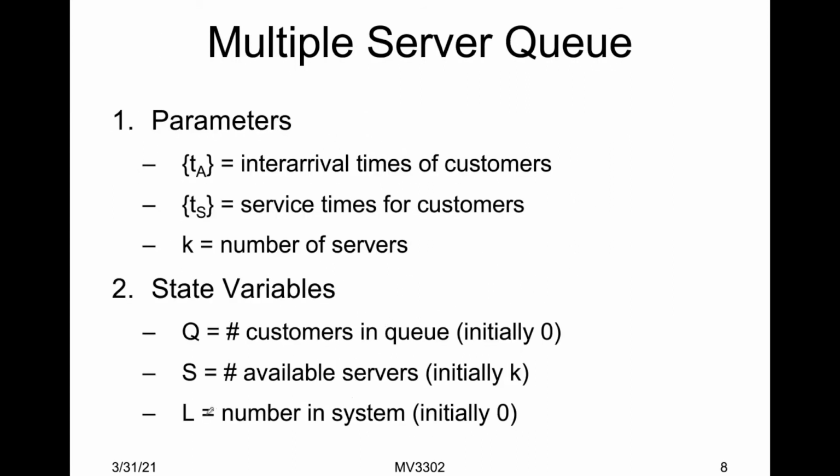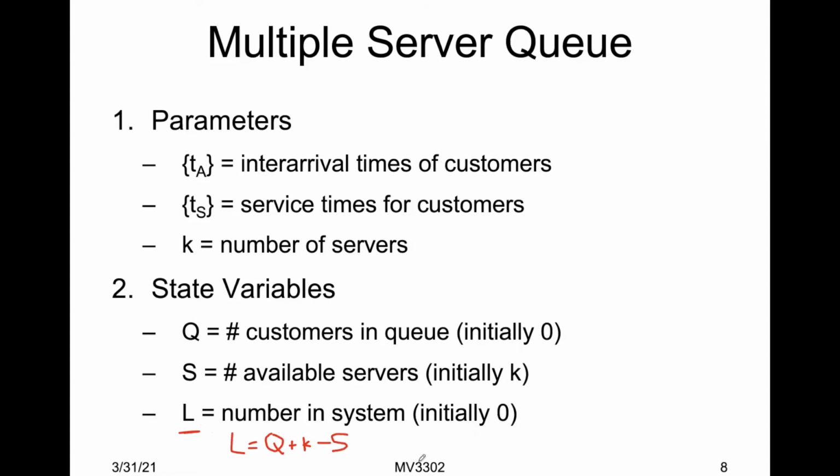For this model, this isn't always the best idea, but it is something which is possible: I'm going to explicitly include this L, the number in the system. That is redundant, but I'm doing this just to illustrate the fact that, even though it's redundant, this relationship between L, Q, K, and S always holds.